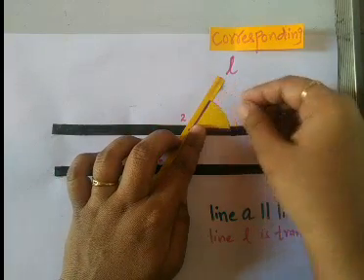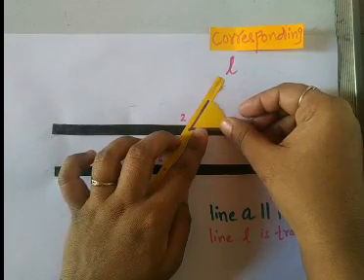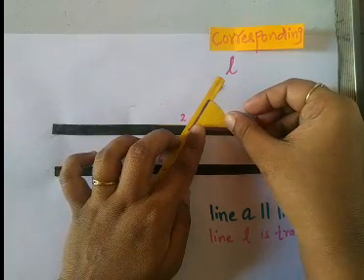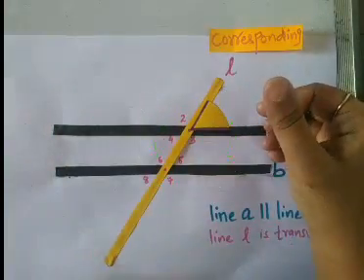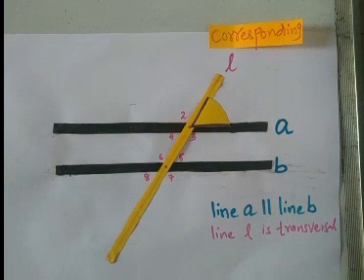This is my angle number 1, which is on the right hand side of the transversal line.